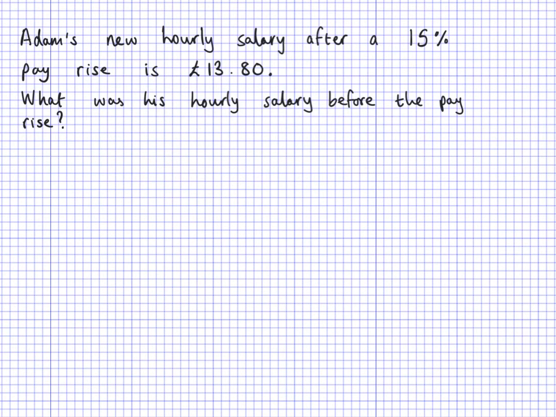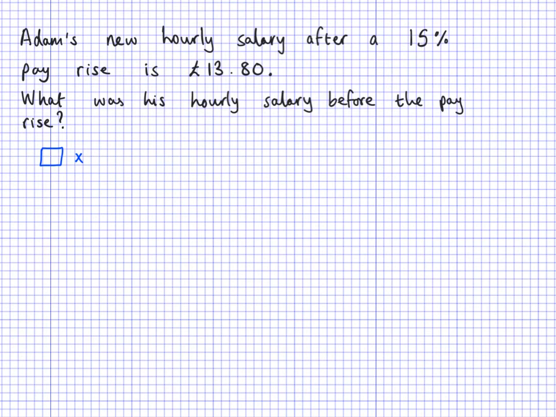Now, here's another example I'm going to do in the two ways. So this time I have Adam's new hourly salary after a 15% pay rise is £13.80. What was his hourly salary before the pay rise? So let's do the equation first. So let's say my original pay times, okay, so it went up by 15%.